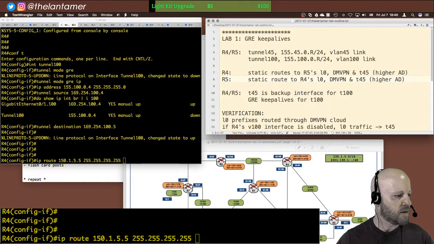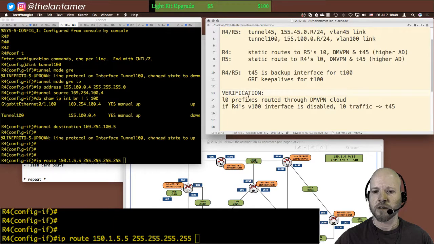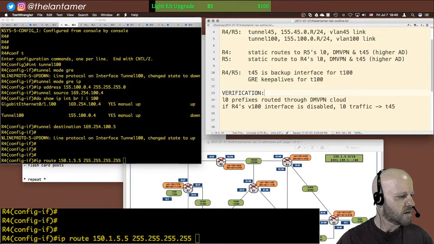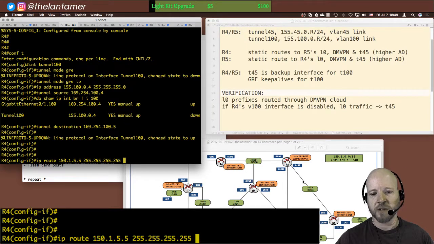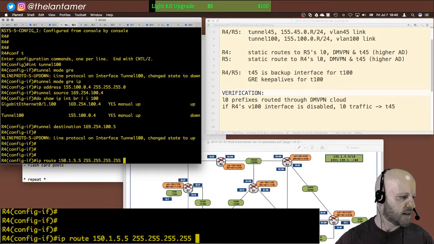Yeah, for both the DMVPN cloud and tunnel 45. Because what we're going to do here, it says DMVPN cloud, but I'm assuming that is talking about tunnel 100, which we just built. So that should have a higher administrative distance than those on tunnel 45.